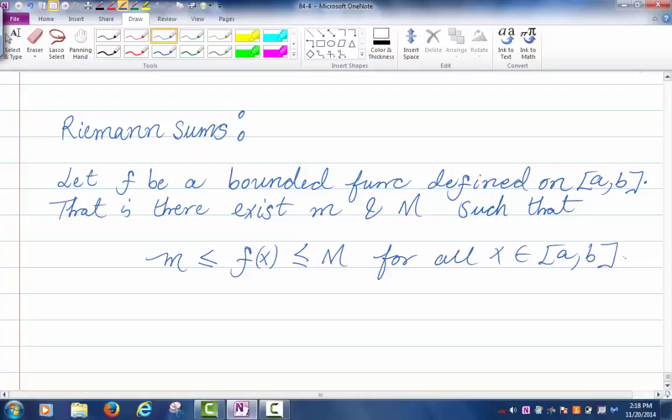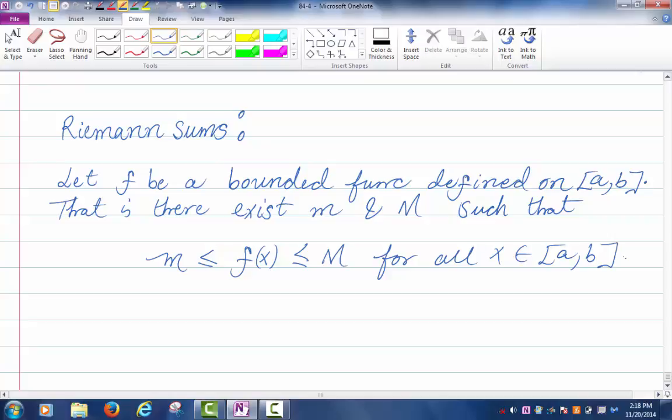Am I making sense? So when I say I have a bounded function, it means that all the values of the function are between two constants. That's what it means to say that the function is bounded.